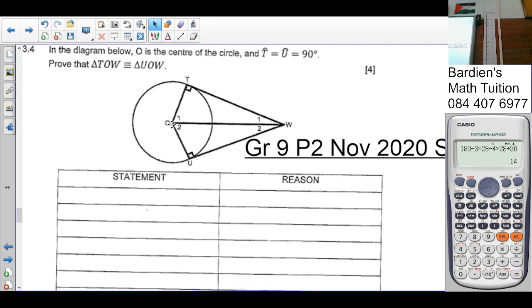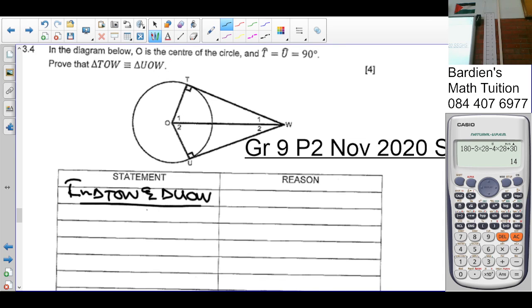The question says prove that triangle TOW is congruent to triangle UOW. So we must use congruency. So we say in triangle TOW and triangle UOW.